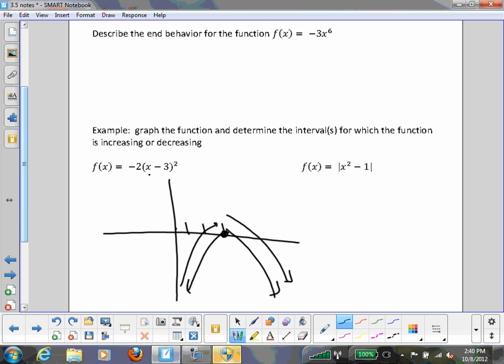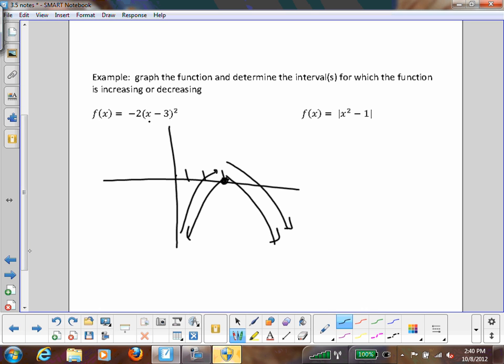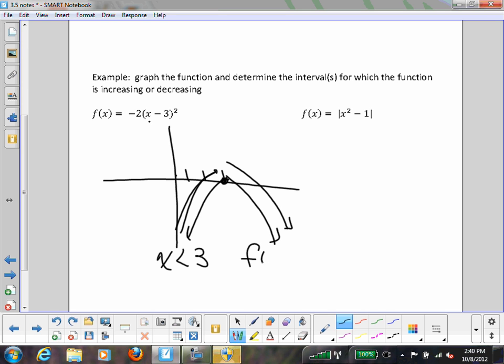At what point, what x value do we change from going up the hill to down the hill? At what x value? All right. So what we need to know is that when x is less than 3, is our function increasing or decreasing? F of x is increasing.